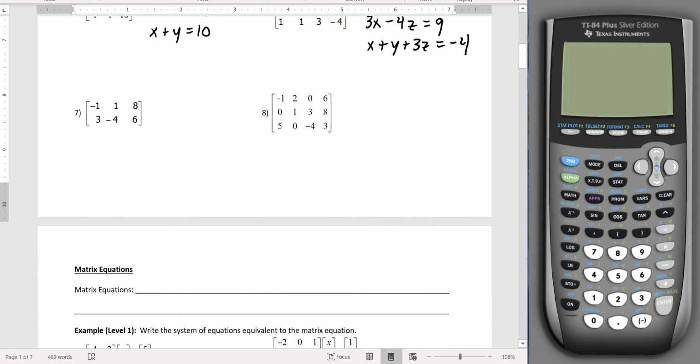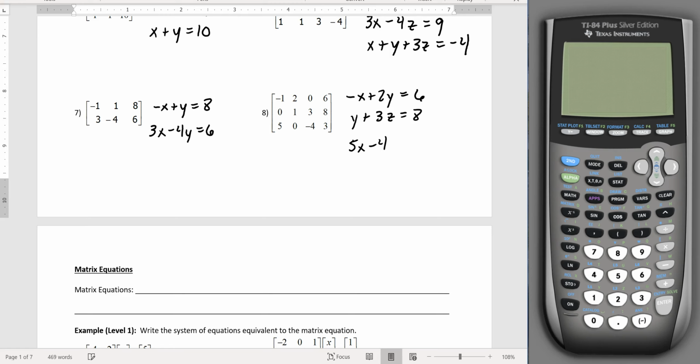All right, number 7 here, we would have negative x plus y is 8. 3x minus 4y is 6. Okay, 3 by 4, so x, y, and z, and then the constants are that last column, so we'd have negative x plus 2y is 6, y plus 3z is 8, and 5x minus 4z equals 3.